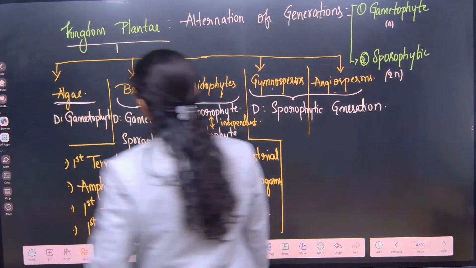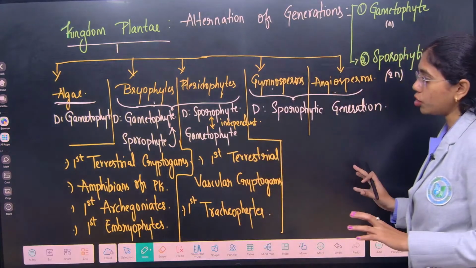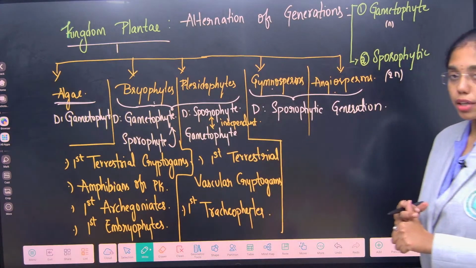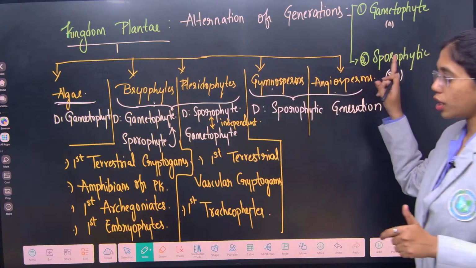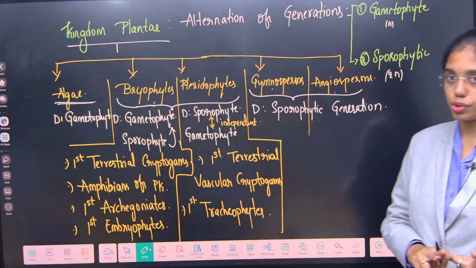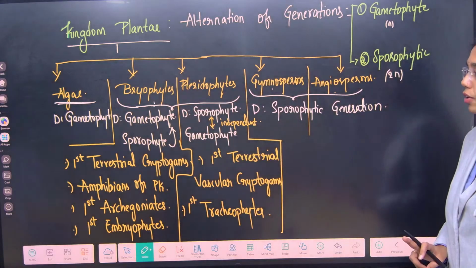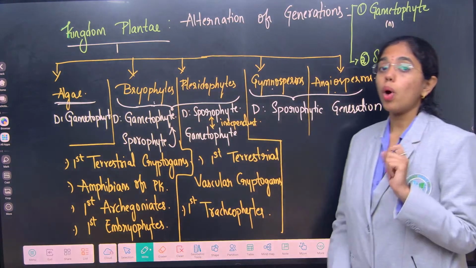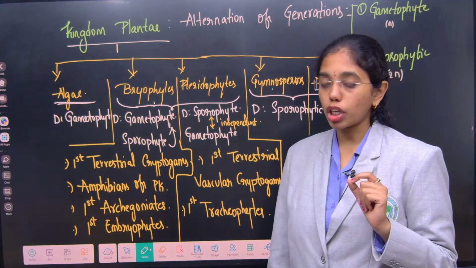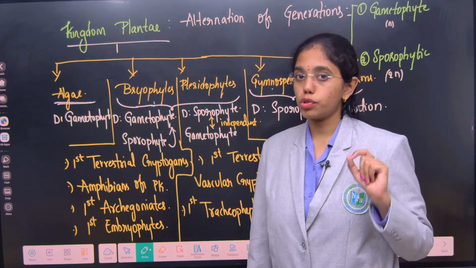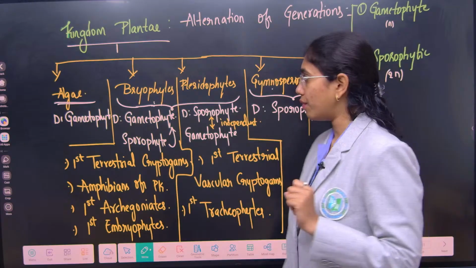Got it? So, this is all about the 5 divisions, their dominant phases, alternation of generations, and the common terms that are used as synonyms for these divisions. One more concept you have to be clear with is the male reproductive structure and female reproductive structure in all these 5 divisions.